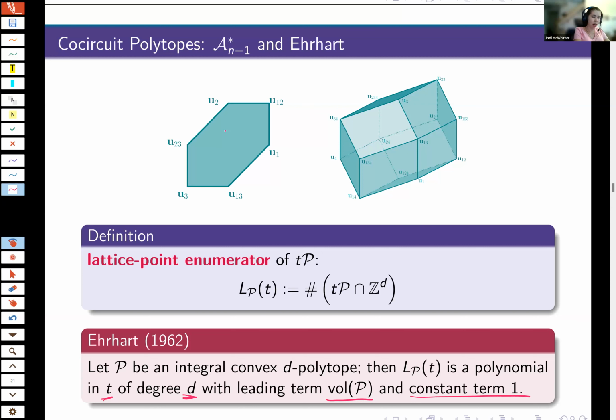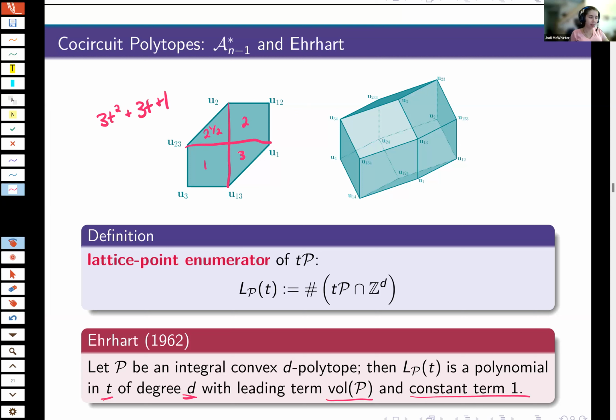So I can tell you the Ehrhart polynomials of each of these polytopes here. The one on the left, we have 3t squared plus 3t plus 1. And that should kind of make sense if I put my axes on here. We can see that the volume of this thing, well, we've got 1, 2, 2.5, 3.